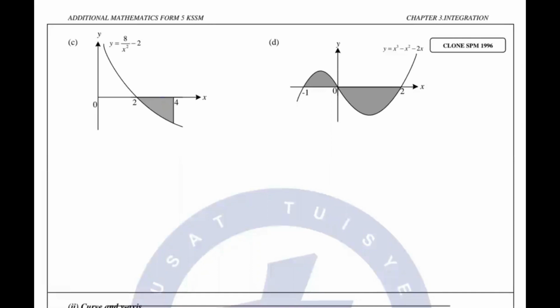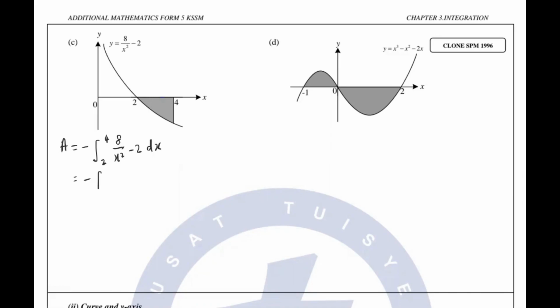I hope. So this question, you have to put the negative in front. Why? Because the area is below the x-axis. So put a negative in front. Lower limit is 2, upper limit is 4. So this is 8 over x squared minus 2 dx. Okay.